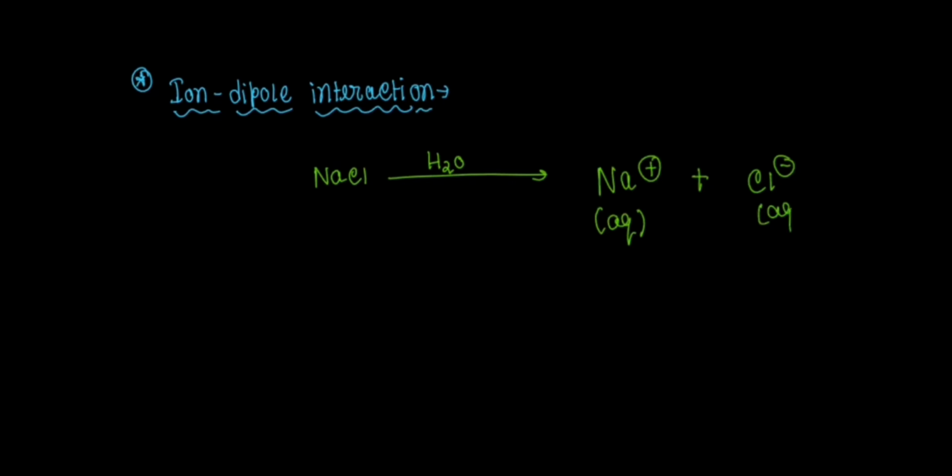So now I'm going to show you what happens in ion-dipole interaction. Let's say I am dissolving NaCl in water. So I'm trying to make an aqueous solution of NaCl. Then I would get Na+ ion and Cl- ion, and both of them would be hydrated.